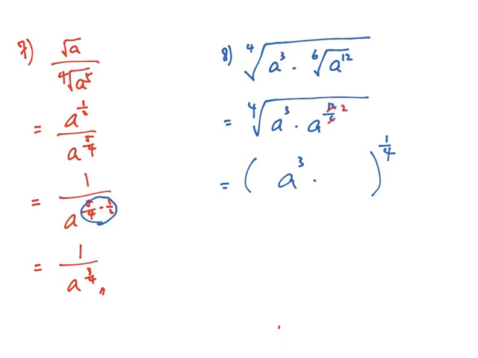So that means we'll add the index, so it becomes 3 plus 2. So it becomes a to the power 5 times 1 over 4. So lastly, 5 times 1 over 4, it becomes 5 over 4.